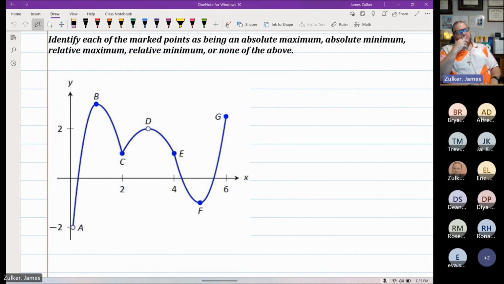So we're going to identify each marked point as absolute max, absolute min, relative max, relative min, or none of them.